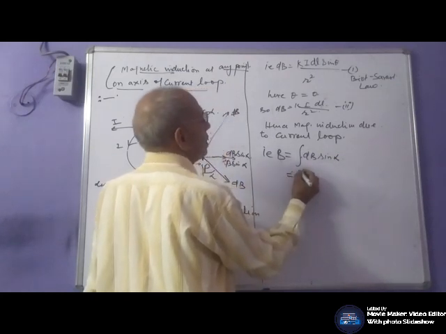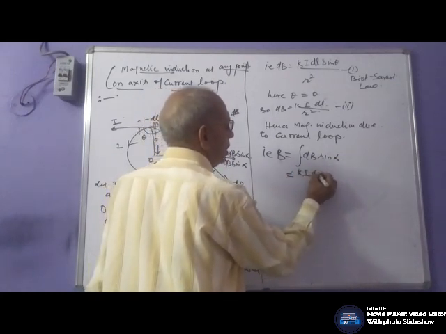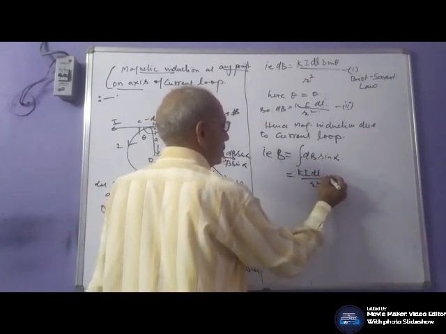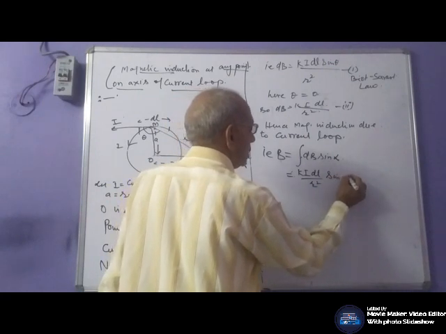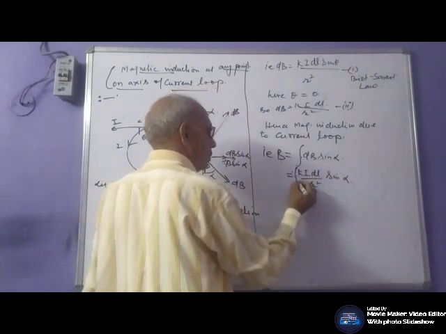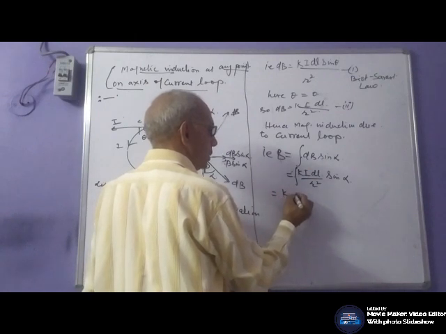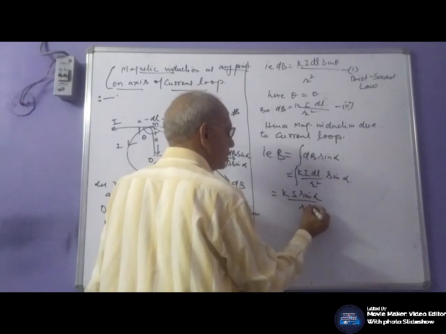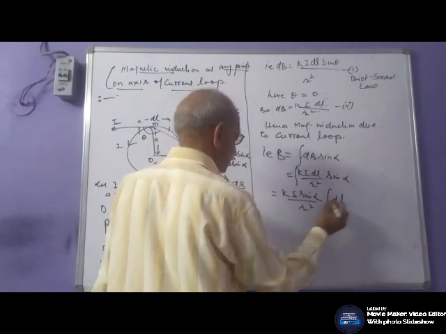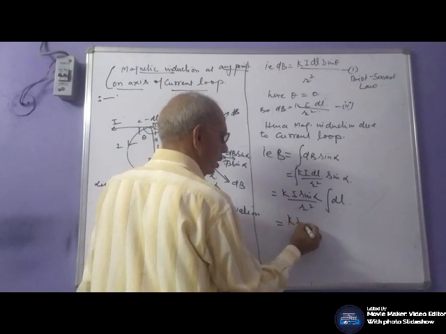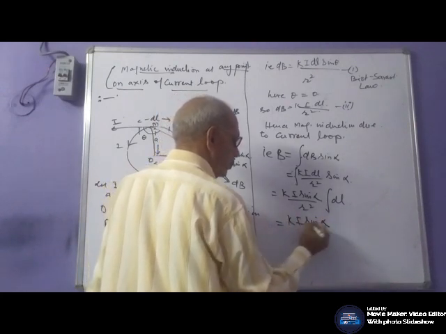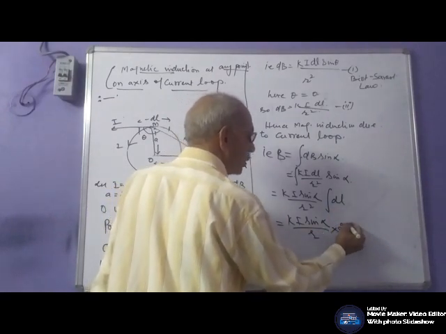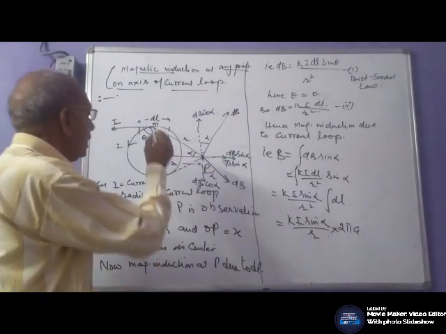So B equals the integral of K I dl by r square times sin alpha. K is constant, I is constant, sin alpha is constant, r square is constant, so K I sin alpha by r square times the integral of dl, which is L, the total length of the current loop.